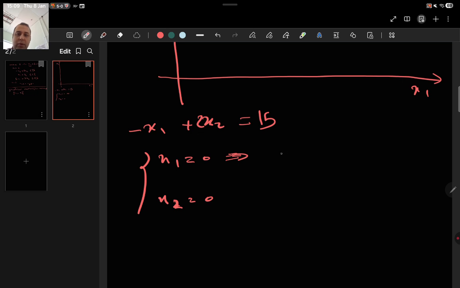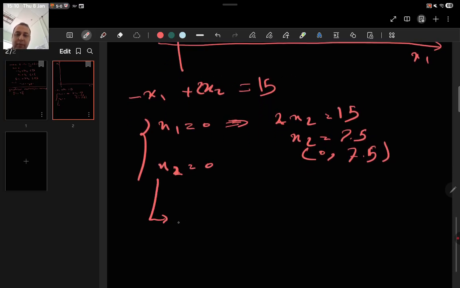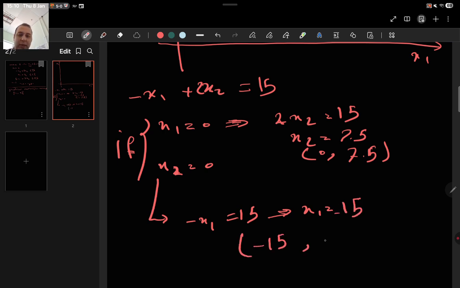So when x1 equal to 0, 2x2 equal to 15. What is x2? It is 7.5. So the first point is 0 and 7.5. For x2 equal to 0, we have minus x1 equal to 15, so x1 equal to minus 15. So we have minus 15 and 0. This is one point, this is another point.